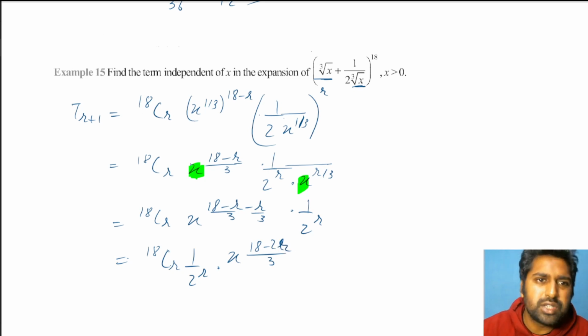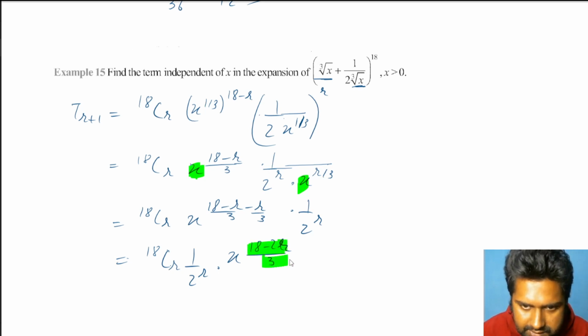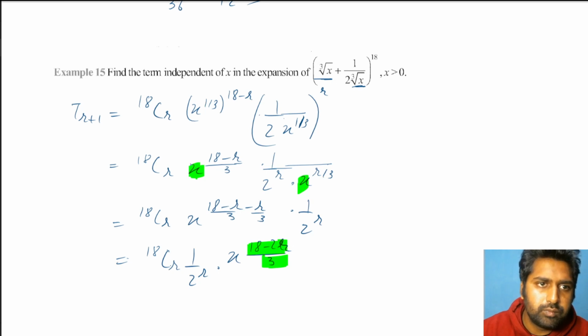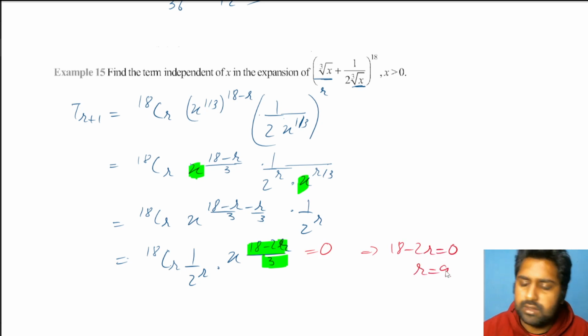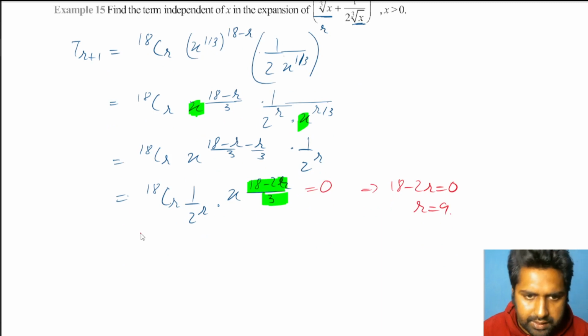This is what we need to generate. The power of x should become 0. That means 18 minus 2r should be 0. That means r is 9. That's it. Now put r as 9.